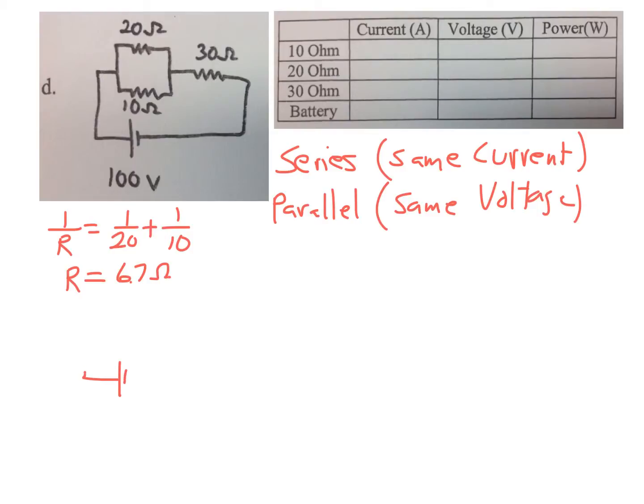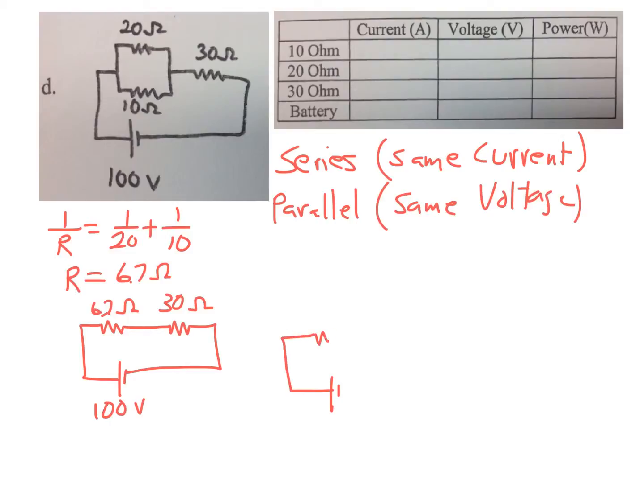It looks like this: the 6.7 ohm resistor, 100 volts, and then 30 ohms. One more diagram: combine the 30 and the 6.7, and that gives my final simplified diagram of 100 volts with 36.7 ohms of total circuit resistance.